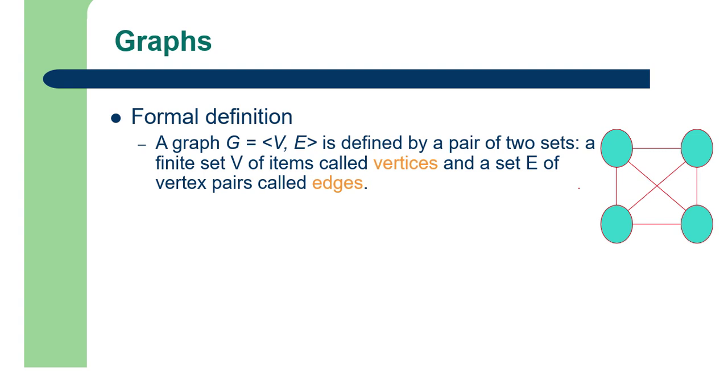For example, this is a graph and the first one is vertex v1, second is vertex v2, third is vertex v3 and fourth is vertex v4. Every vertex is connected with each other using edges. So the total number of edges in this case is 6.